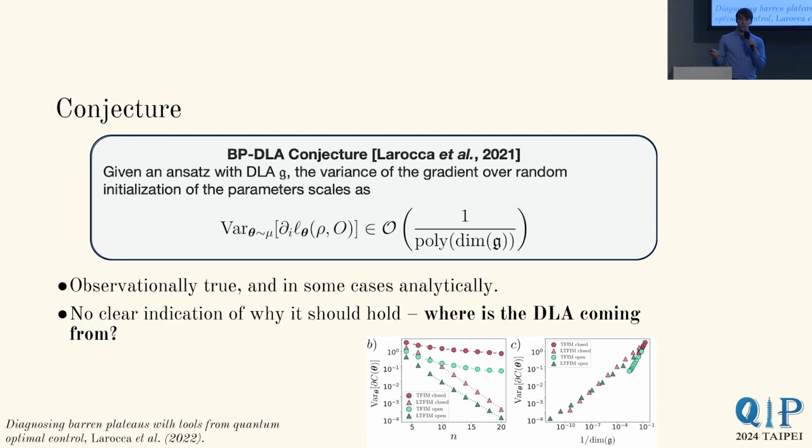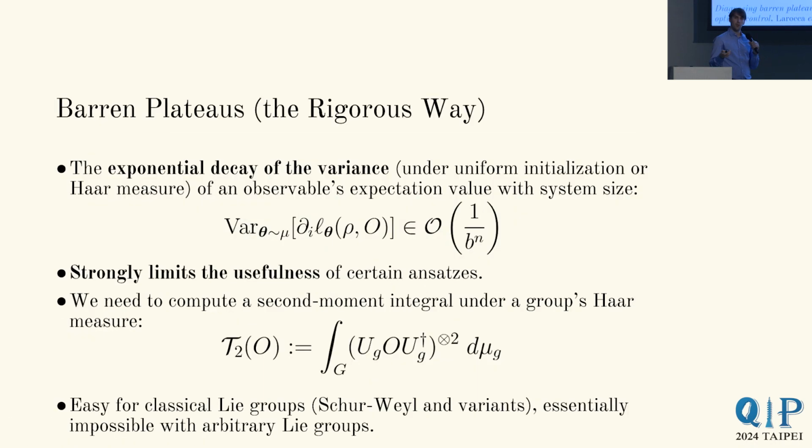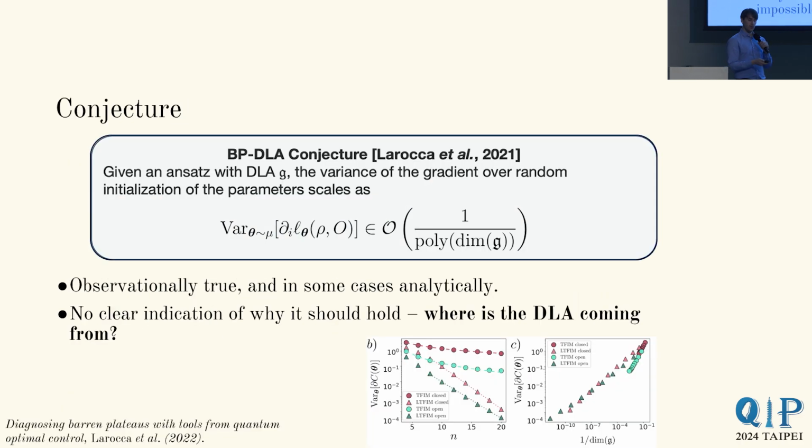And this is very surprising because where is the DLA coming from? I mean, the previous problem was just gradients and variances, and it's not really immediate. There's a hint here that you're taking an integral over the Haar measure of the group, but in general, we don't know how to do these things, so what can we do?